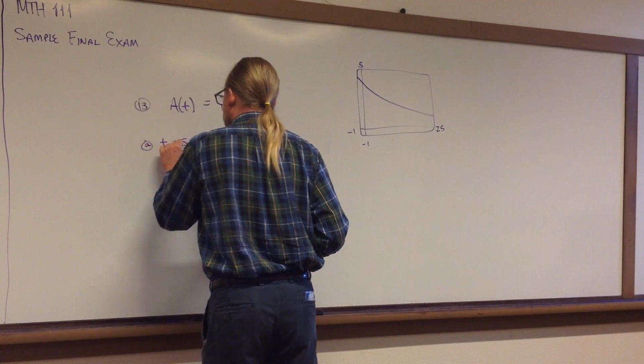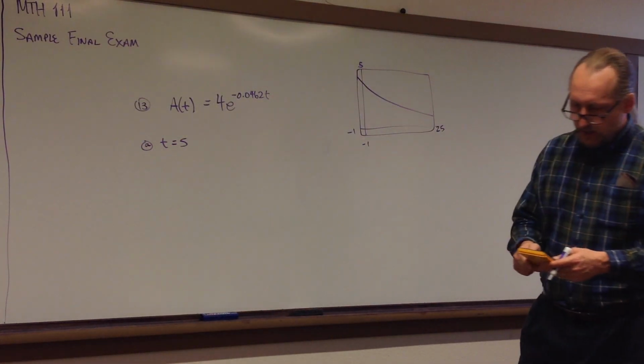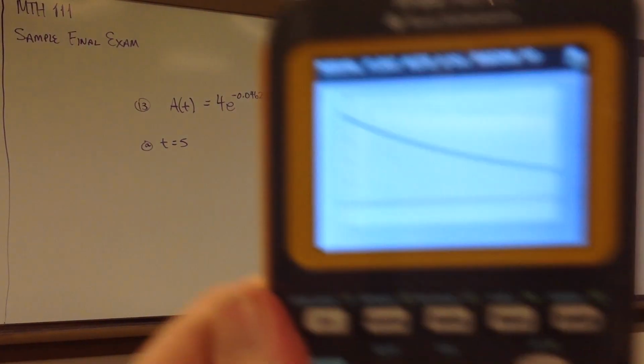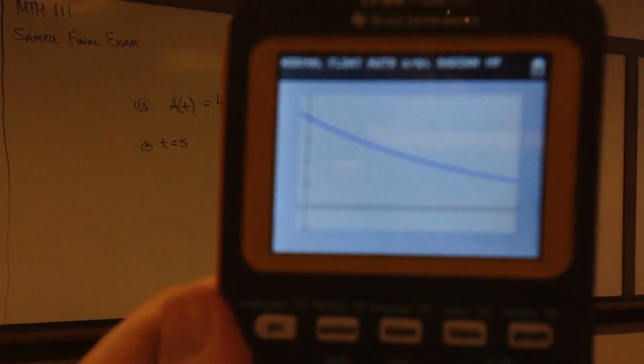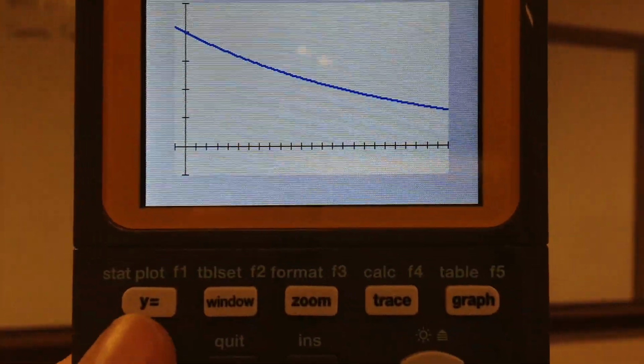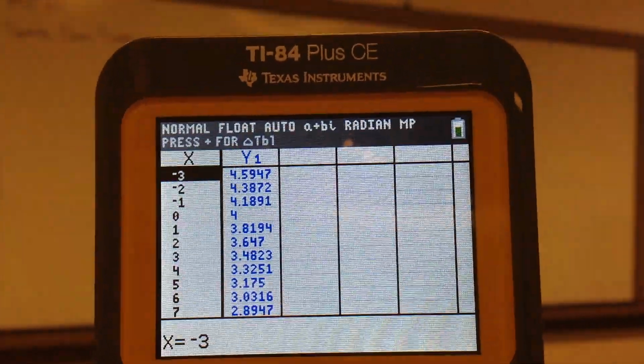So, at t equals 5. There's a bunch of different ways to get this answer. You can look in the table. There we go. So if we look in the table, hit second graph, there's your table.